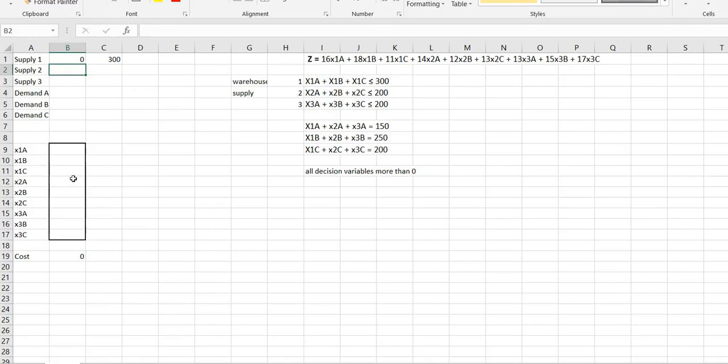Next, supply for warehouse 2 equals 2A plus 2B plus 2C, and that's less than or equal to 200. Warehouse 3, the total TVs would be 3A plus 3B plus 3C, and that's less than or equal to 200.